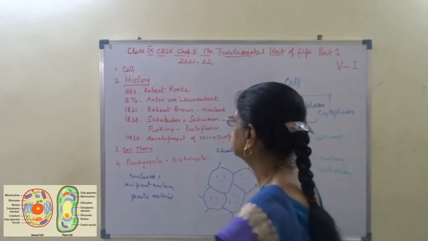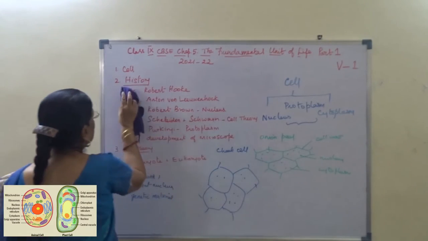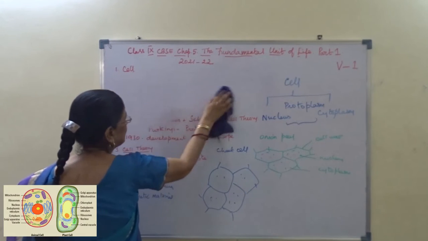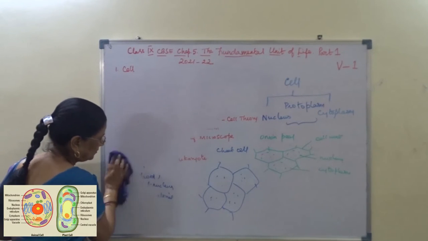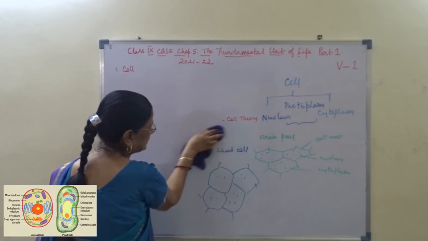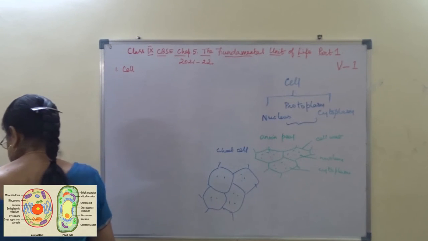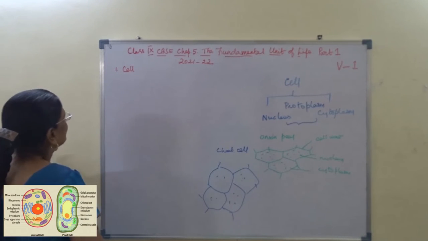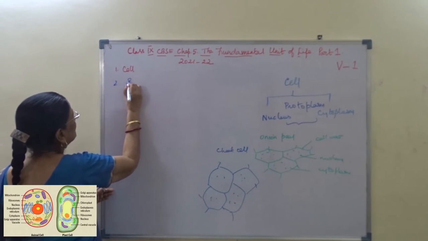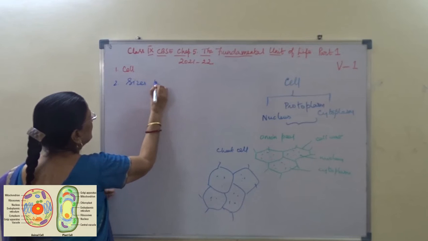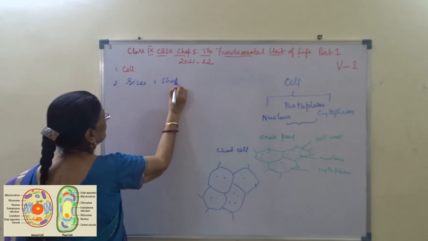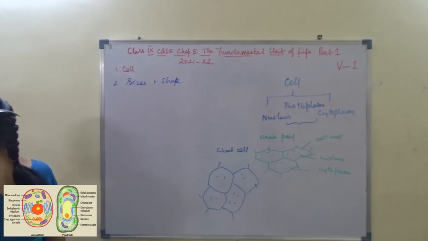Now these cell structures have different sizes and shapes. Second one, sizes and shapes.